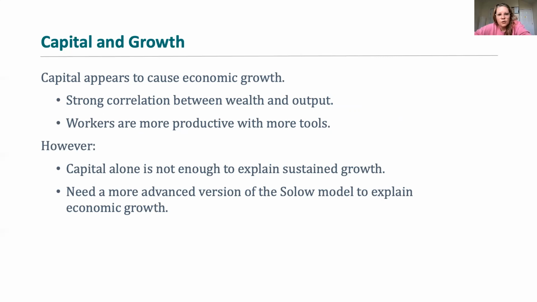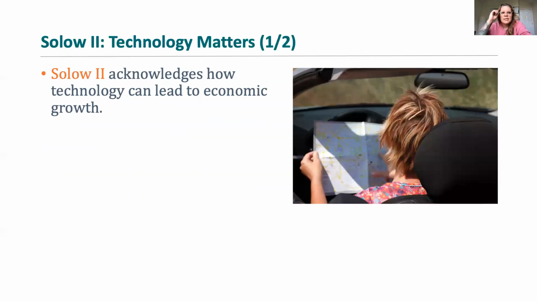So this more advanced version of Solow is going to take into account technology, right? Remember what I said in the earlier video lecture, part 2: it's not capital alone, it's not technology alone, it's how technology and resources work together that really promote growth.